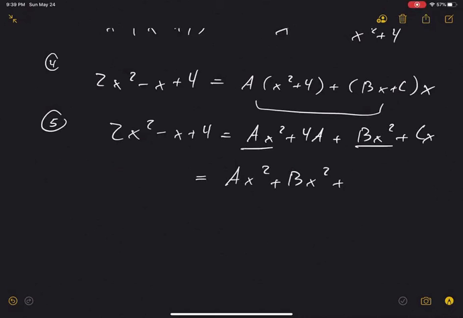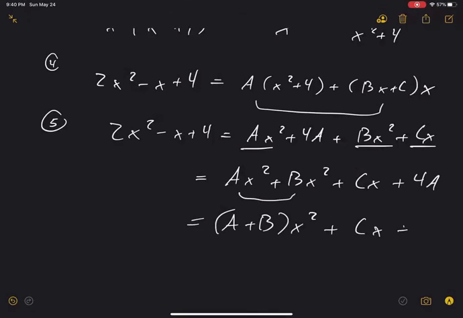Then I'm going to get all my x's together, Cx, plus 4A. I'll write Ax squared plus Bx squared as A plus B times x squared, and then I have Cx, then 4A.